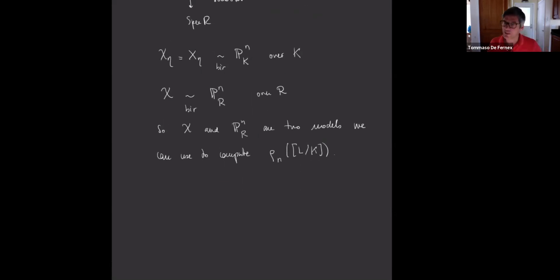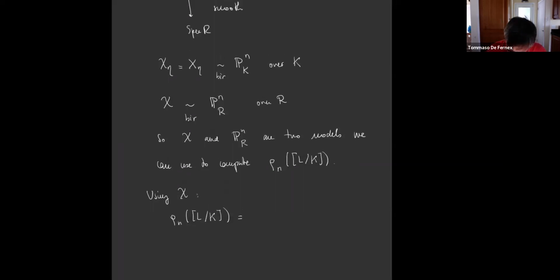I have two models, and then what happens if you use one, and what happens if you use the other? So using X, what we see is that this rho n of L over capital K, well, because there was a property in the previous theorem, that this specialization map should give you the function field of the central fiber if the central fiber is smooth.